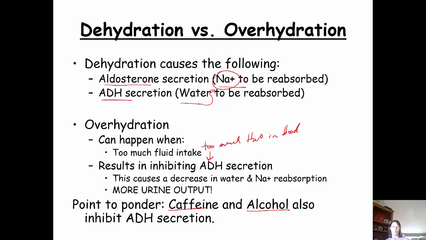And if your kidney is no longer keeping the water, then it's going to be in your bladder. And your bladder is going to continue filling no matter what, until the caffeine and alcohol have been broken down by your liver so that there isn't a concentration of those substances acting on the brain to shut off the ADH secretion. It's not the fact that you've gone to the bathroom the first time. It's the fact that you're messing with your brain.